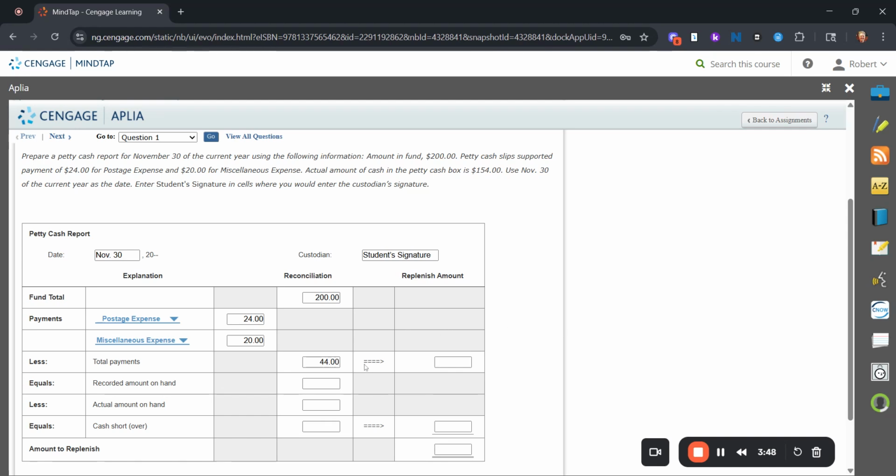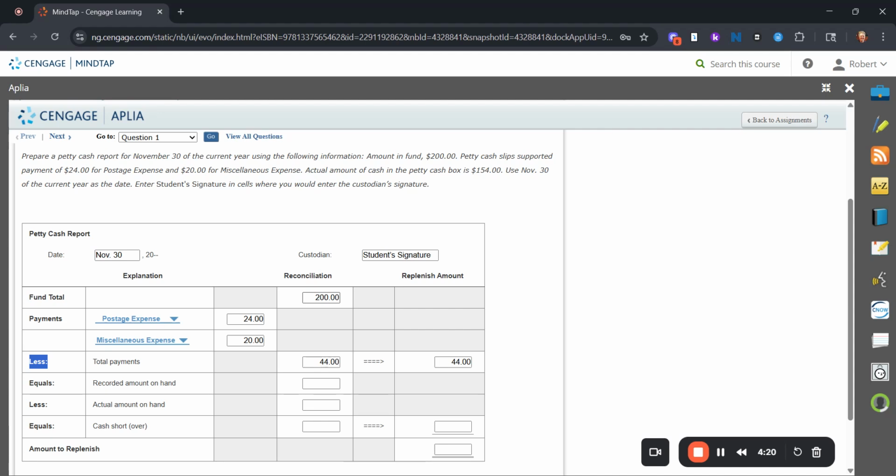And you can see this arrow here. So that just means to also enter $44 in this next box because that has to be replenished at the beginning of the next month, at the beginning of December, to get back up to the $200. Okay, now it says, we've got it here, less the total payments.